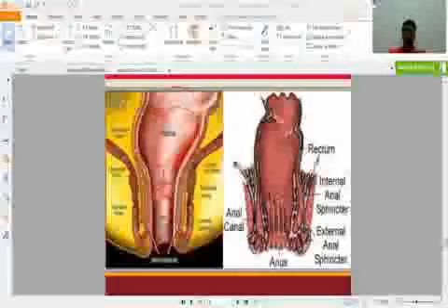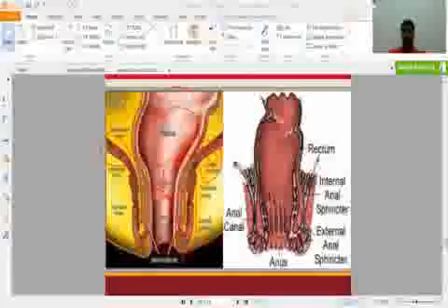Inside this is the levator muscles, as you can see on both sides. There are two types of sphincter: internal sphincter and external sphincter. As you can see, this is the internal sphincter, and this is the external sphincter. Okay, students.